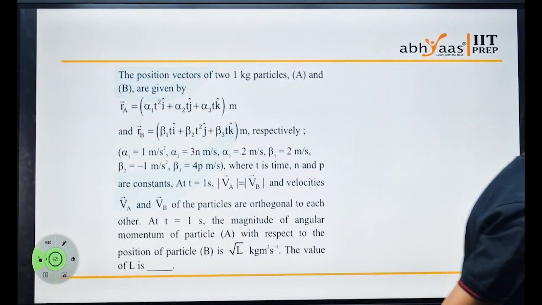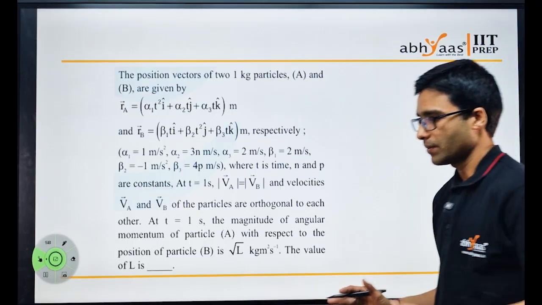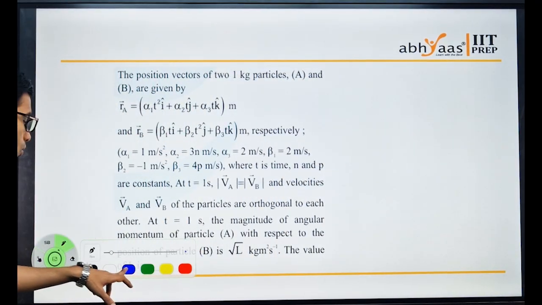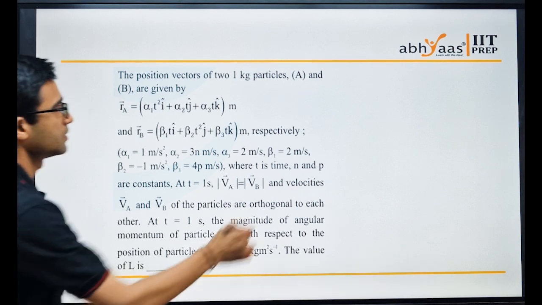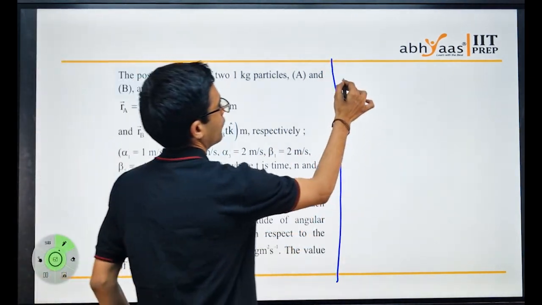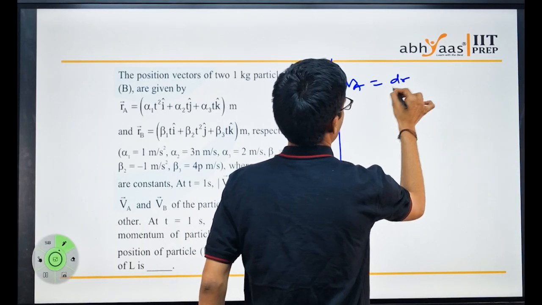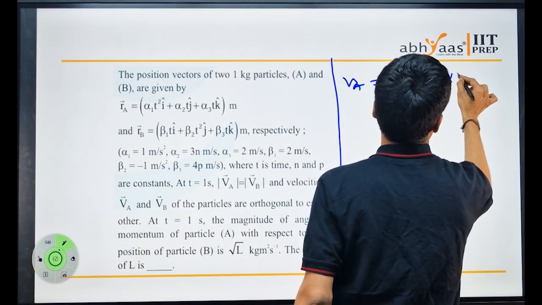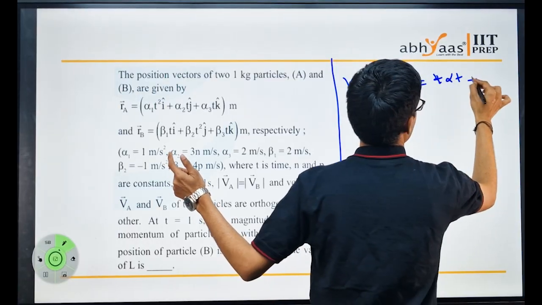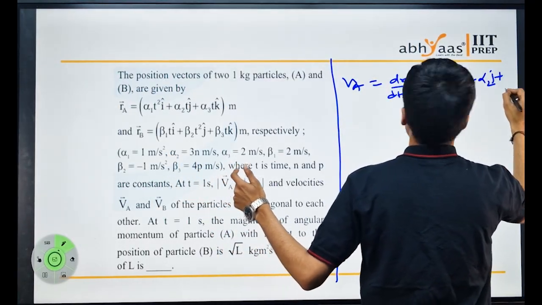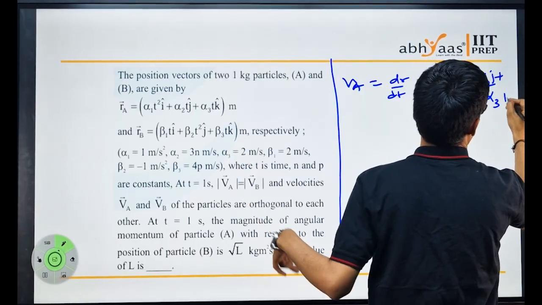Next one, if you see what he is asking, angular momentum. Here position vectors are given, so I'll try to do this one. This is also a somewhat difficult type of question. VA is equal to dr by dt, so then 2 alpha 1 t i cap plus alpha 2 j cap plus alpha 3 k cap.